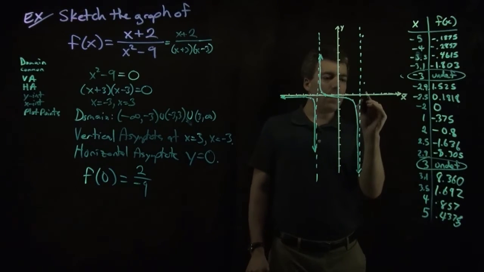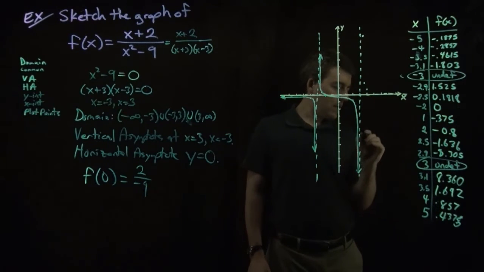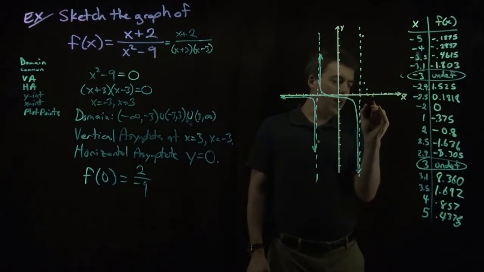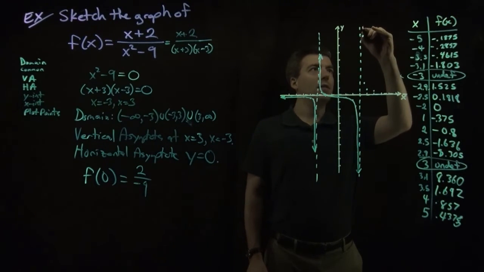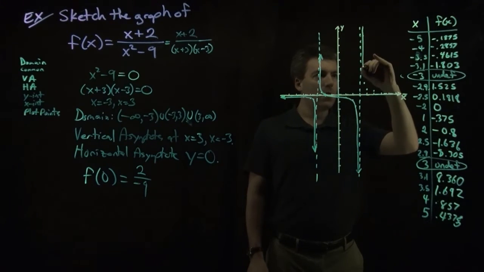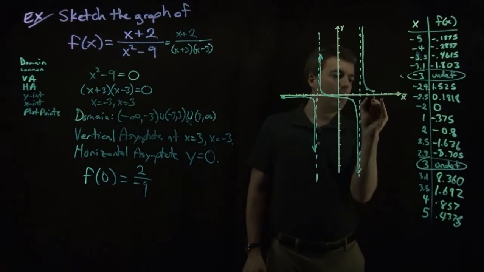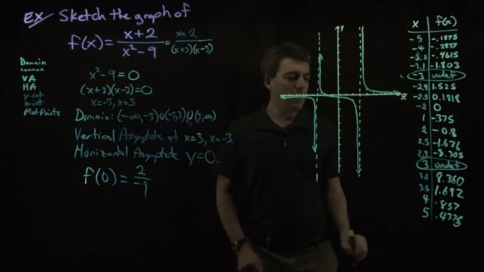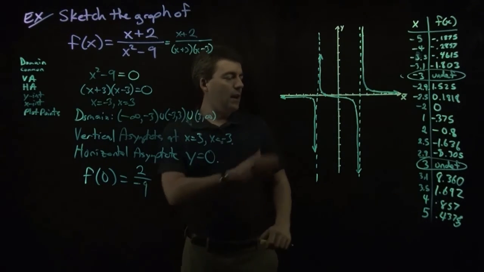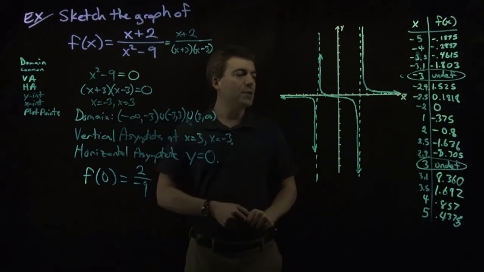At 4, we have 0.8, so almost 1. At 5, we have 0.4. And so we can see this comes down, and then this is going to go out, approaching the asymptote. All right, so there's a rough sketch of the graph of x plus 2 over x squared minus 9.